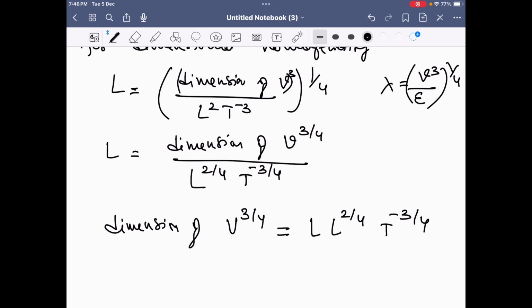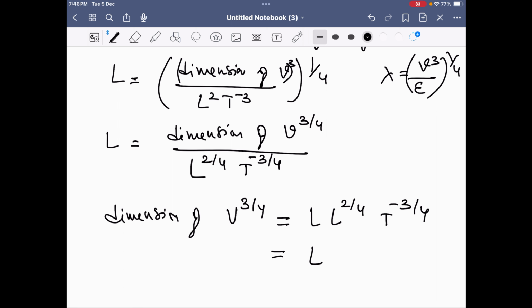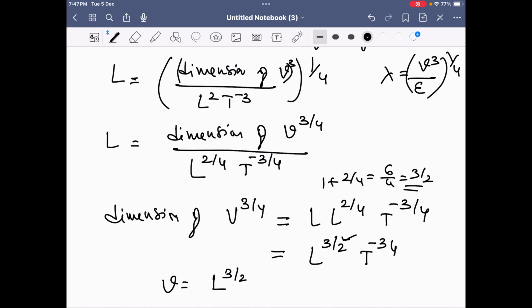And this term becomes L to the power of 3 by 2 and t to the power of minus 3 by 4, because you can write it as 1 plus 2 by 4, which is 6 by 4, that becomes 3 by 2. So that is what we have got here, L to the power of 3 by 2 t power minus 3 by 4. So this is V to the power of 3 by 4. So for V, you can just write it like this, L to the power of 3 by 2 into t to the power of minus 3 by 4.